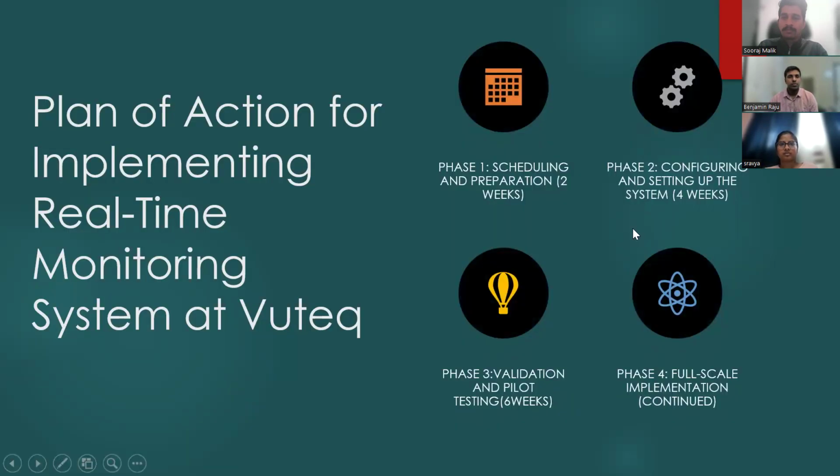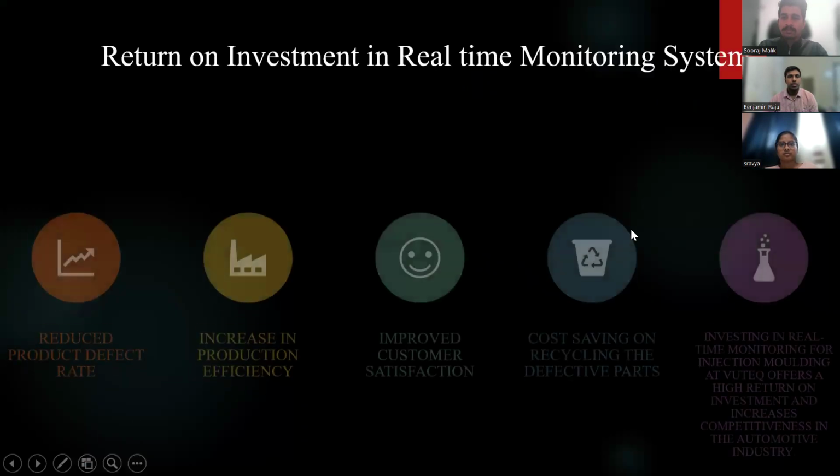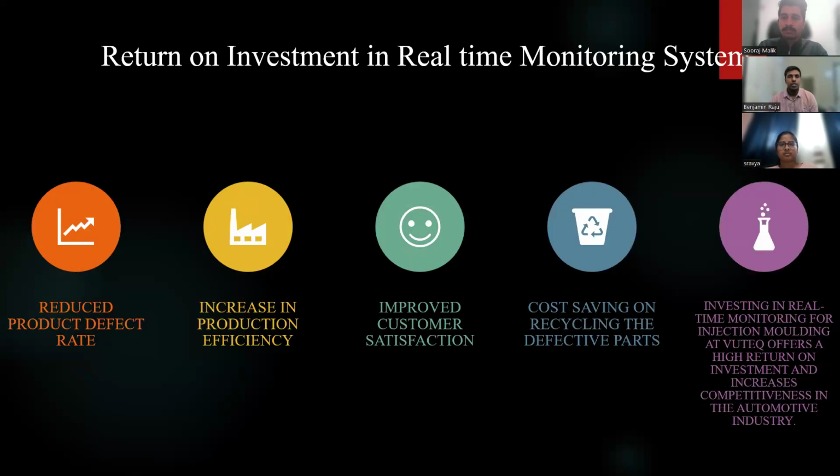And the next stage is the return on investment in the real-time monitoring system. By implementing a real-time monitoring system, it helps Viewtech reduce the product defect rate and increase the overall efficiency of production.